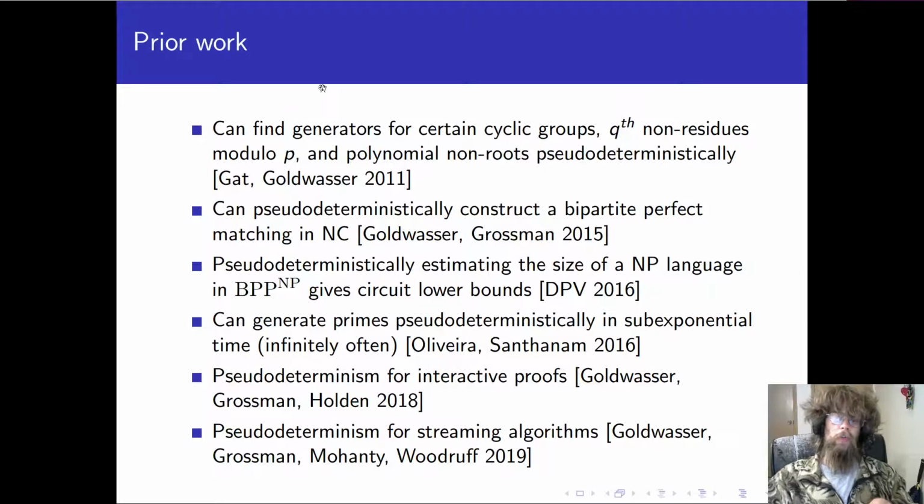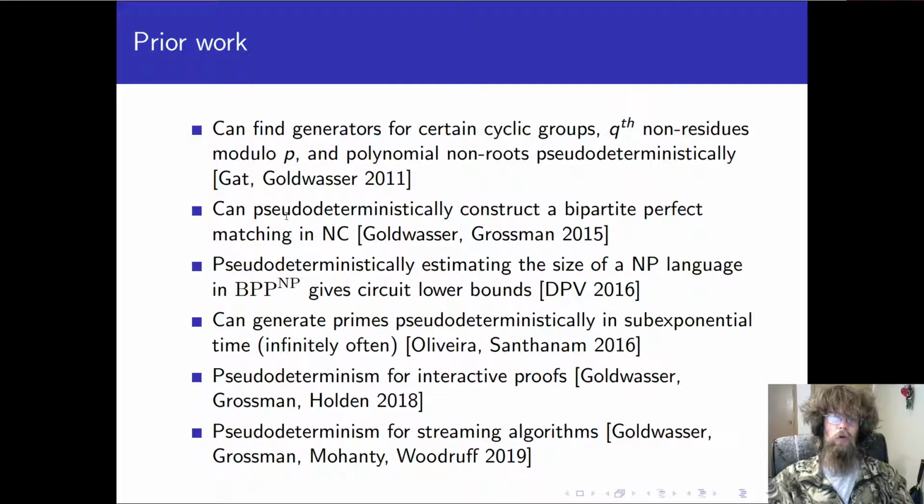So here's some of the prior work on pseudo-determinism. The paper that defined it gave a couple of neat pseudo-deterministic algorithms. Gat and Goldwasser showed that you can find generators for some cyclic groups, you can find non-residues and non-roots of polynomials pseudodeterministically.